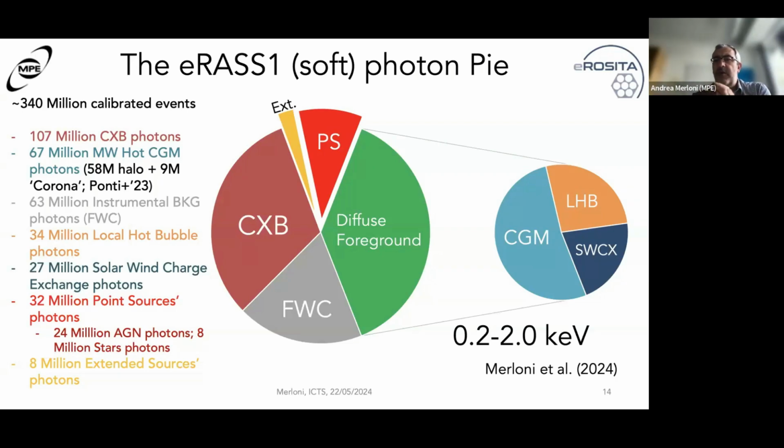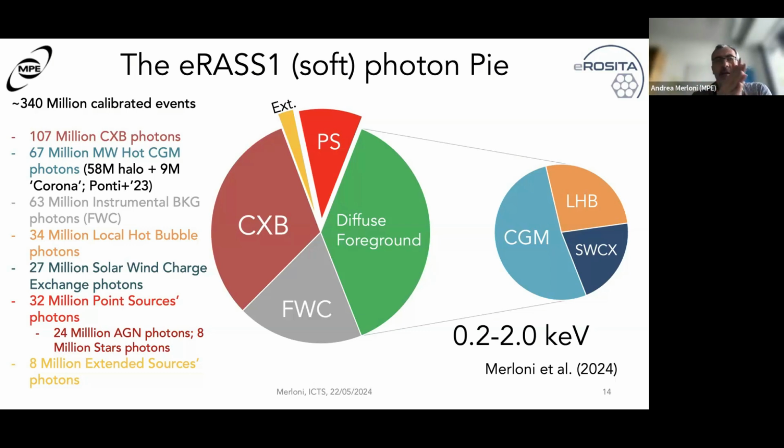This is what we call diffuse foreground, that we can tentatively separate into 3 main components. One is the large-scale CGM or ISM of the Milky Way. Then we have much more local effects. The SWCX is the solar wind charge exchange that dominates at very, very low X-ray energies.